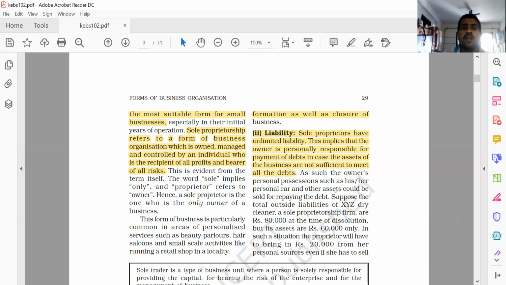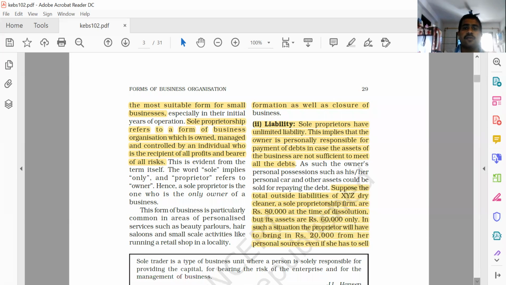Suppose the total outside liabilities of XYZ dry cleaner, a sole proprietorship firm, are rupees 80,000 at the time of dissolution, but its assets are 60,000 only. In such a situation, the proprietor has to bring 20,000 from her personal assets.